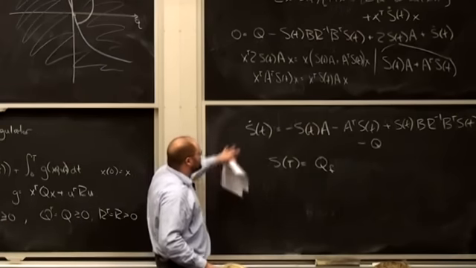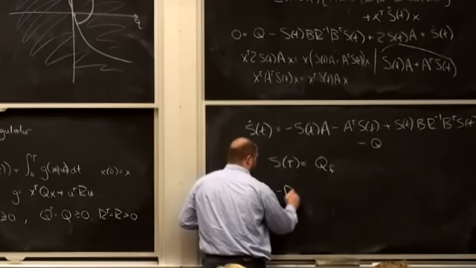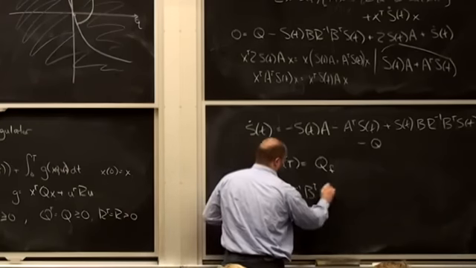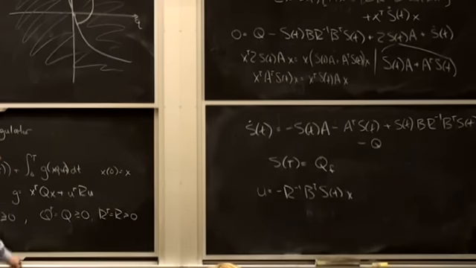And once I have S, remember we said that u was just negative R inverse B transpose S of t x. So once I have S, I have everything.